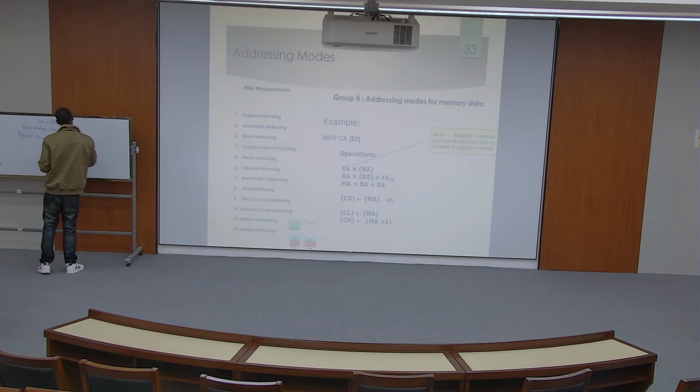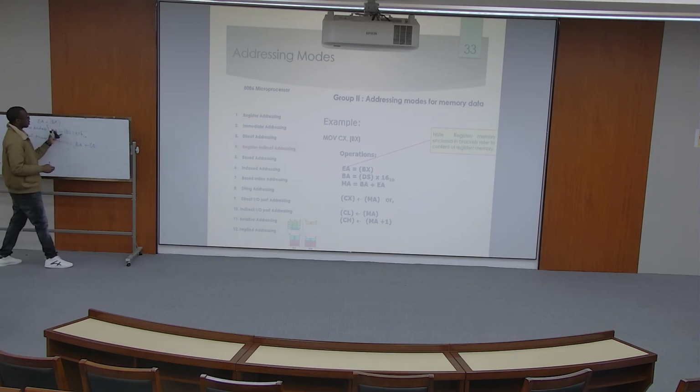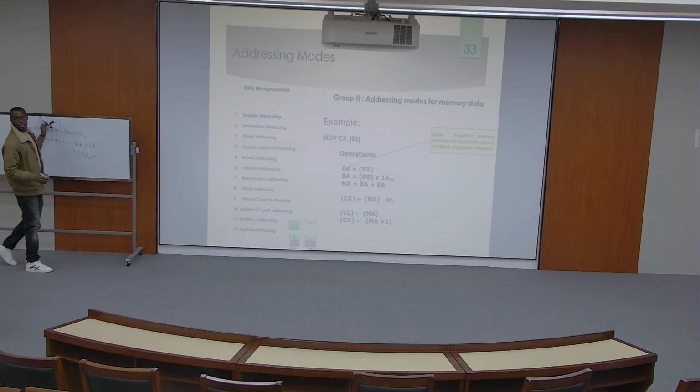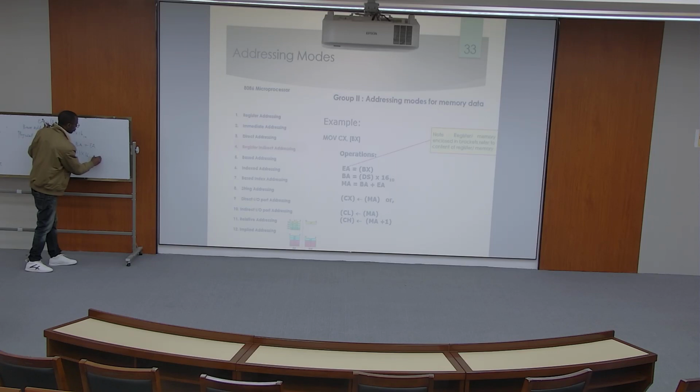In other words, we have the base address, which is given by the content in the data segment shifted 4 bits to the left, plus the effective address. The effective address is given by the content in the base register. Then we have got the physical address.